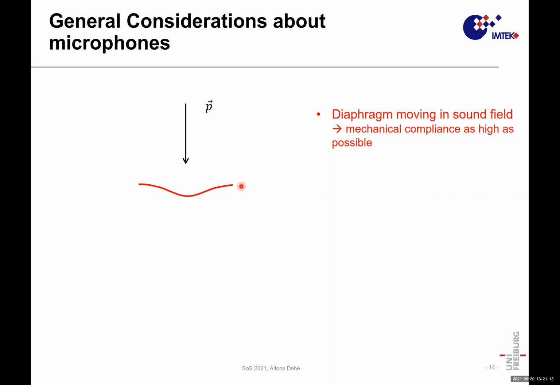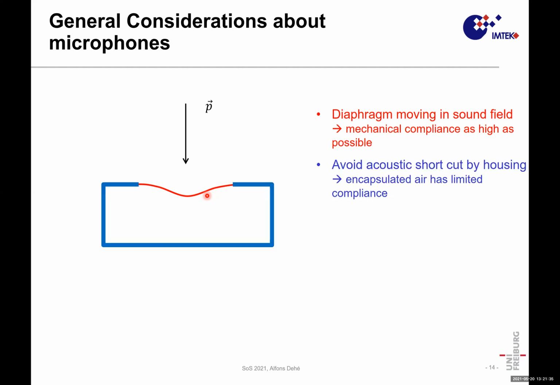If you have a pressure field like this and a membrane just in the pressure field, it is wrong, this situation. It wouldn't move because the pressure on both sides of the diaphragm is the same. All audio frequencies are long with respect to a diaphragm, so it is like an isotropic pressure field. So this couldn't happen.